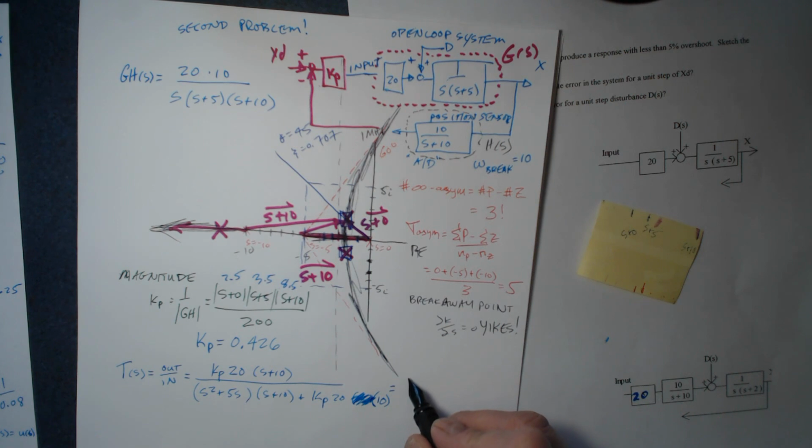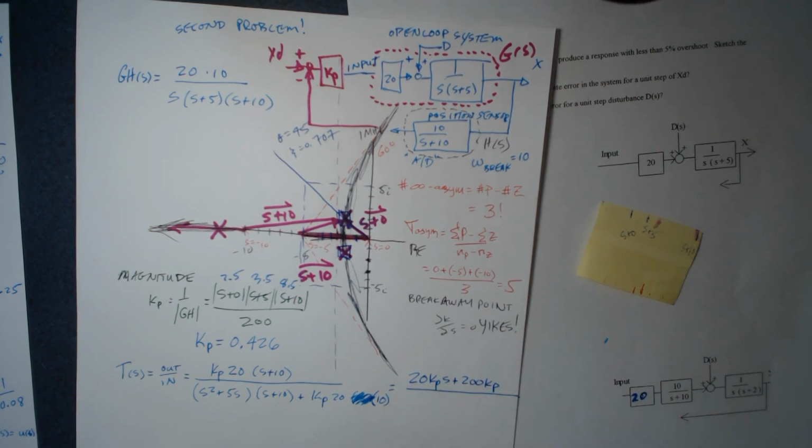This is 20 Kp s plus 200 Kp divided by s cubed plus 10s squared plus 5s squared plus 50s plus Kp times 20.